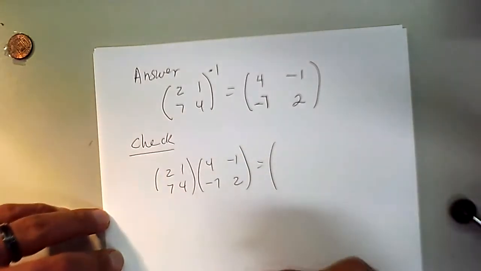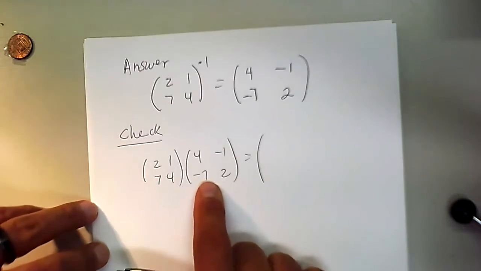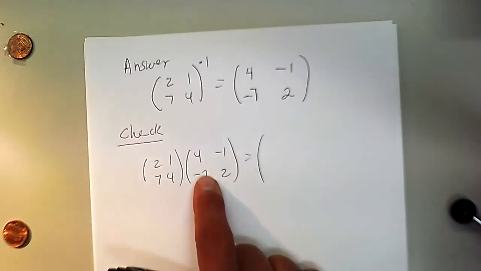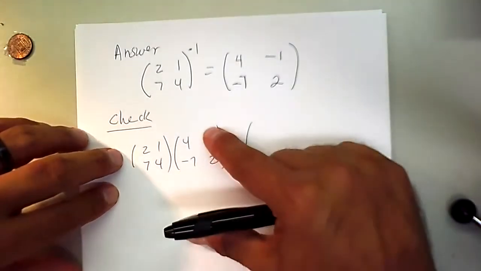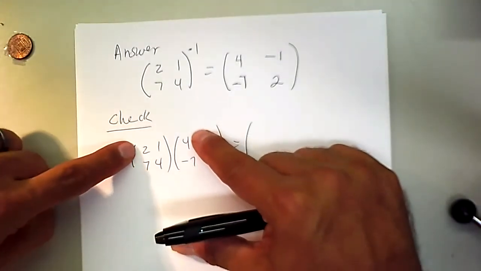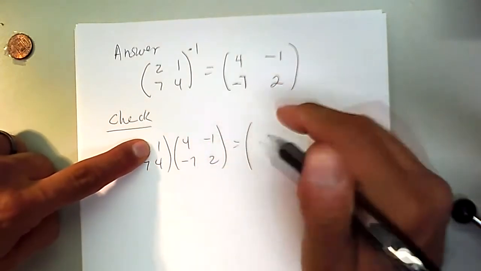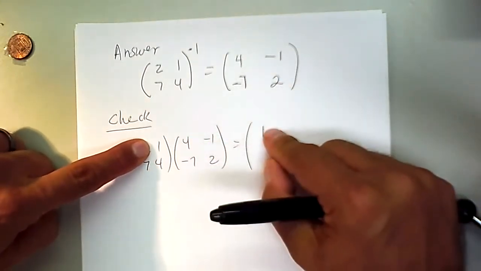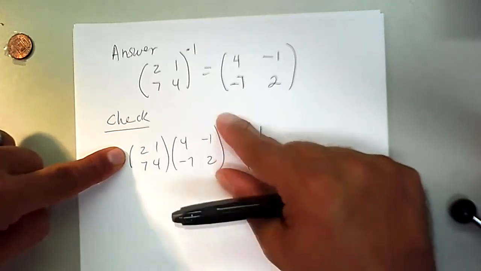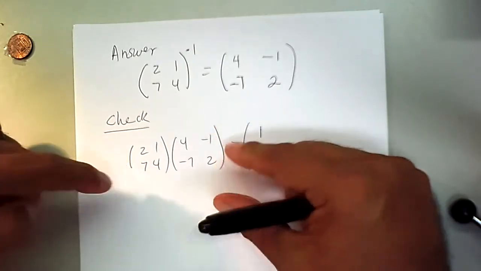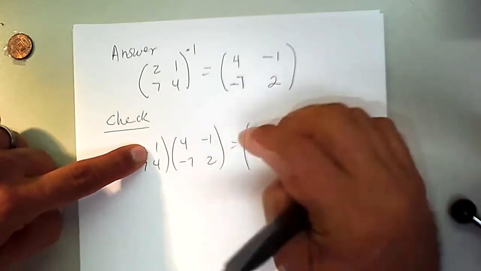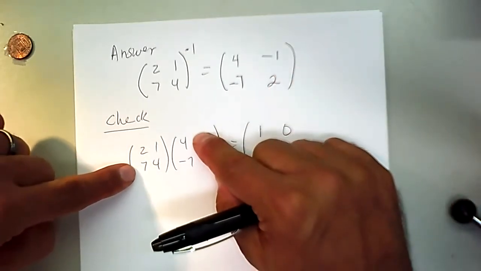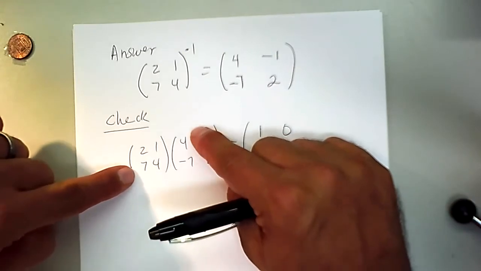But maybe I made a mistake on the computations. Maybe I assumed something incorrectly. So it pays to do this, to check. So 8 minus 7, sure enough, 1. But don't just check that, because maybe the mistake happened on the second column or on the second row. We don't know. -2 plus 2, 0, if there's a mistake. 4 times 7 is, boy, that's a big number, 28.